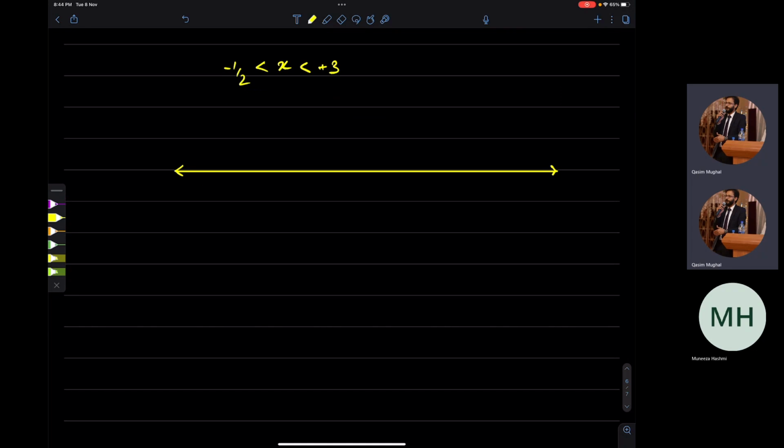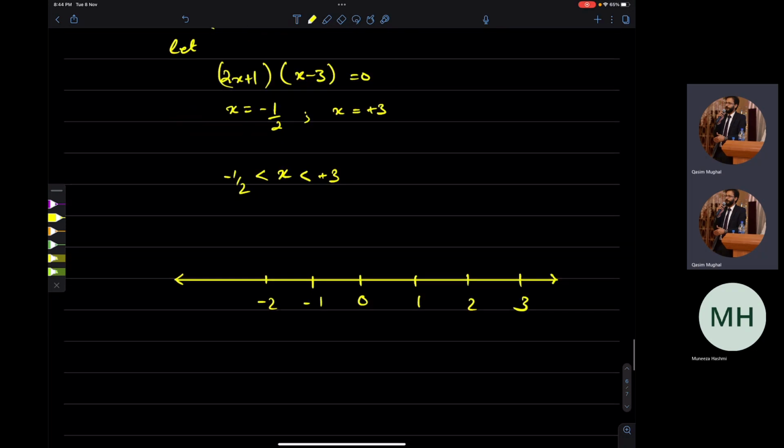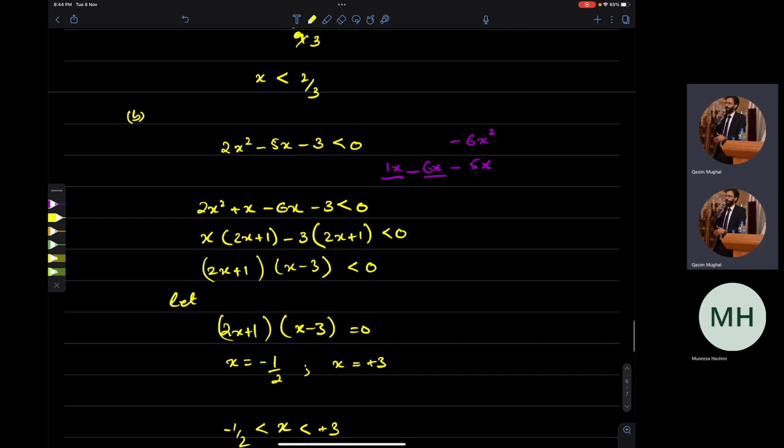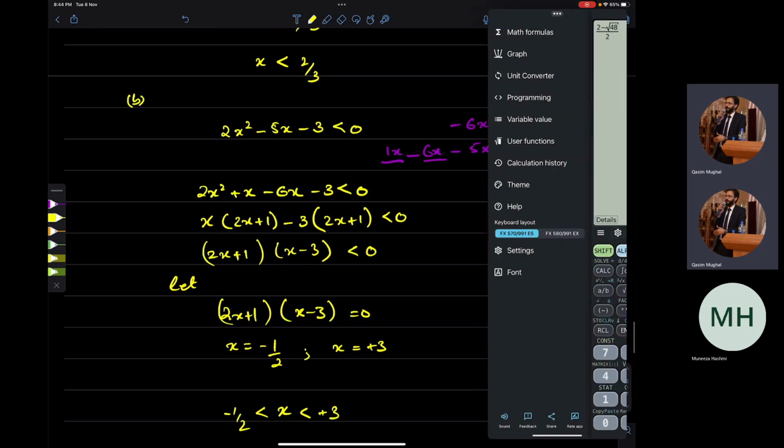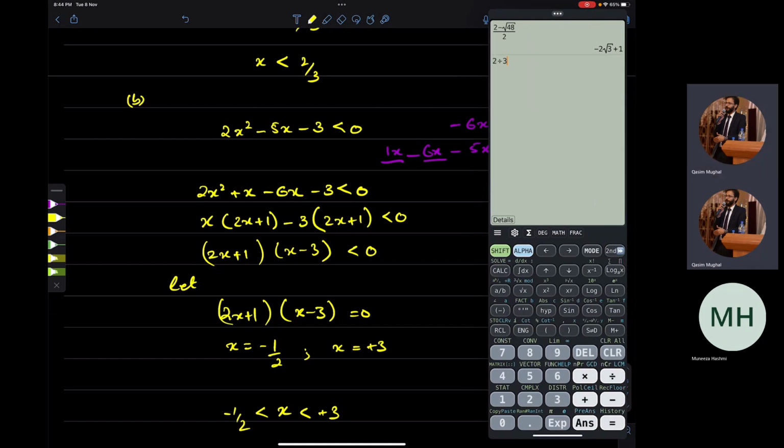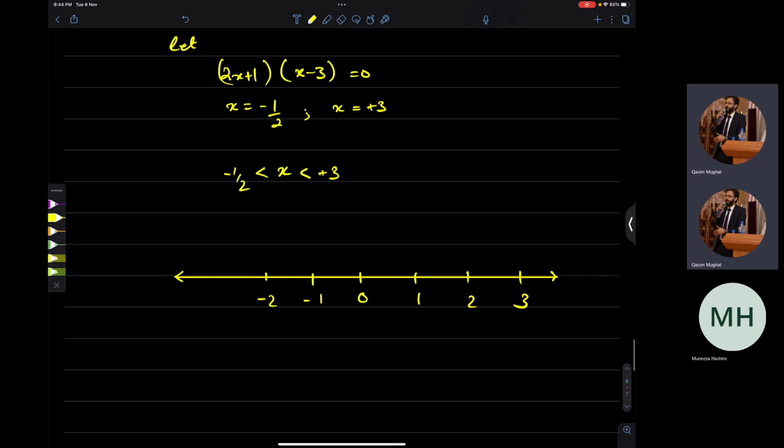And in part B, we have 0, 1, 2, 3, negative 1, negative 2, and that's it. Now, according to the solution to part A, x is less than positive 0.6, I guess. 2 by 3 is, yeah, 0.6. So, for example, that's there.